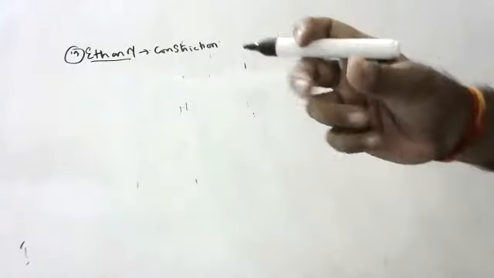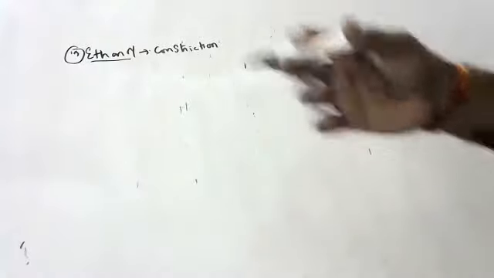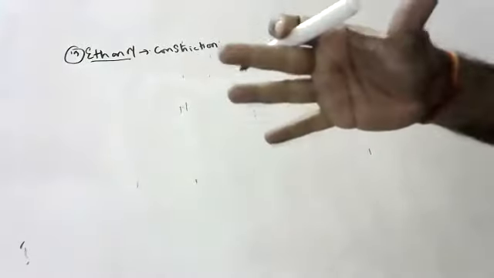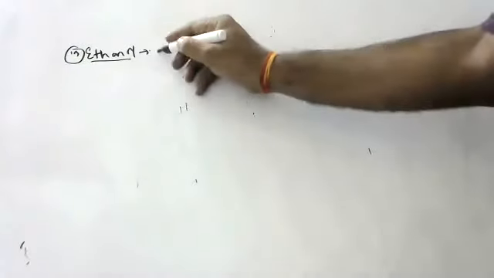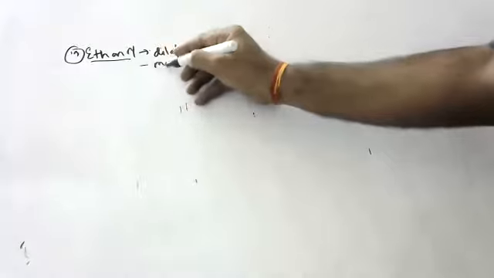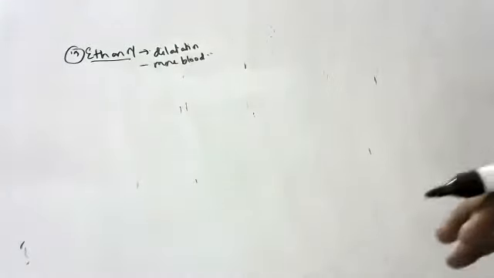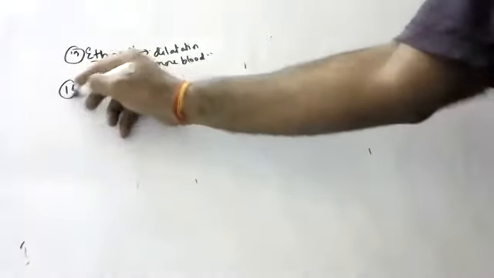Sorry, children, it causes dilatation. When it causes dilatation, more blood supply will be there. When you get more blood supply, you will get rid of cough and all those things. It causes dilatation of blood vessels.